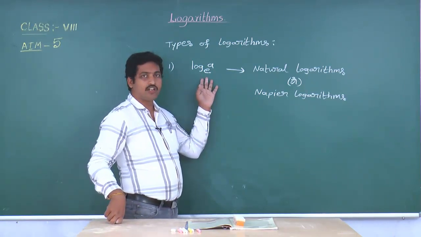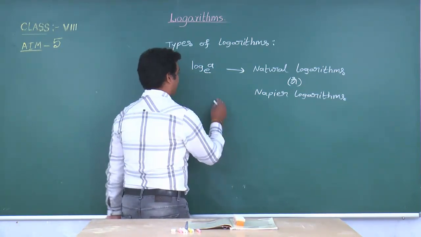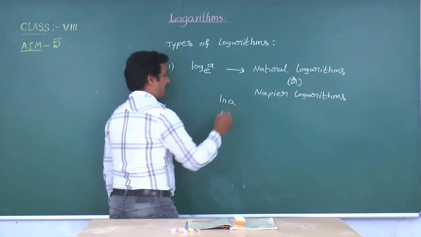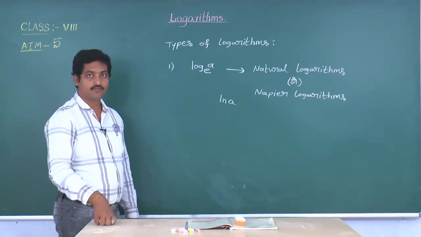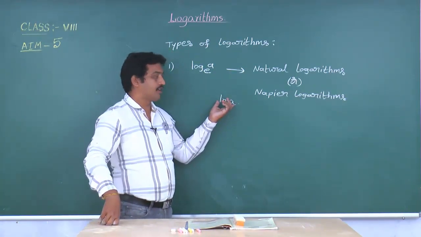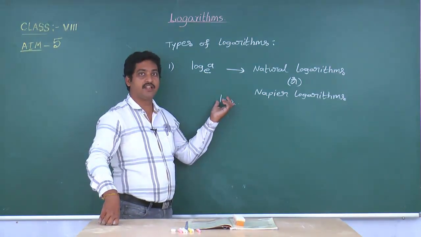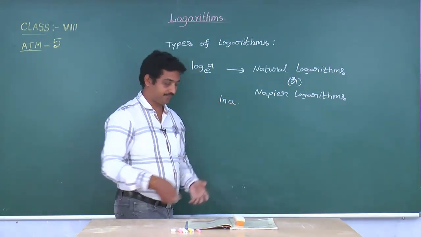Usually it is denoted as ln a. ln is nothing but logarithm with the base e.